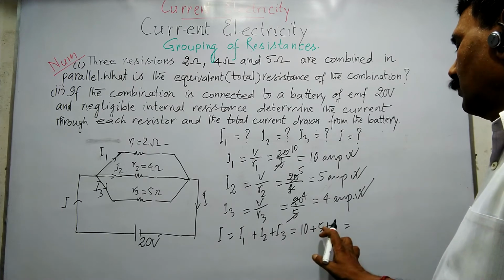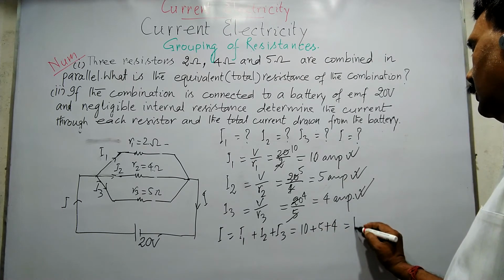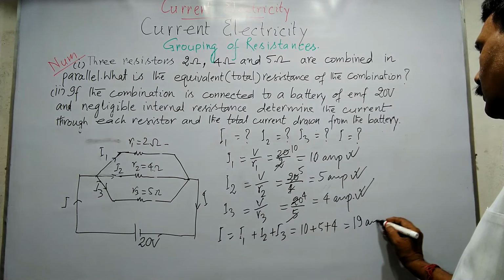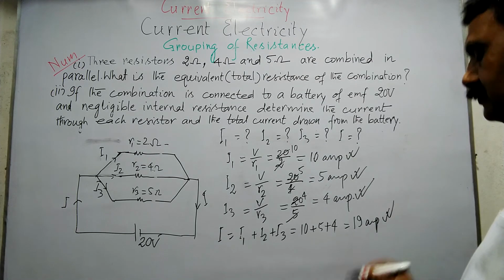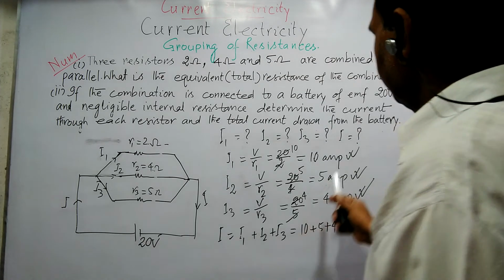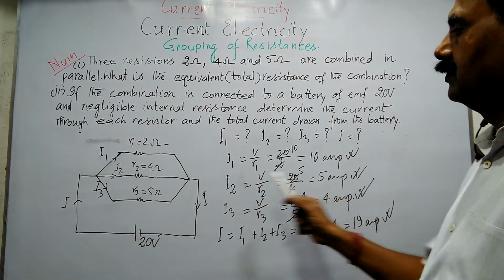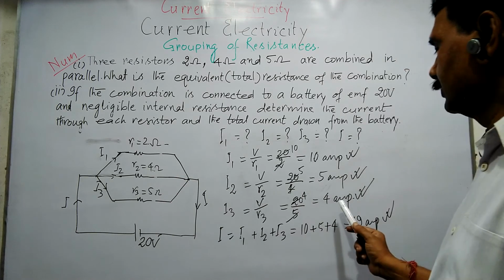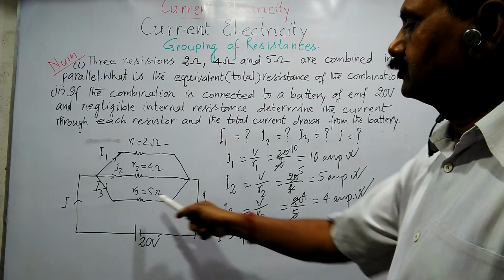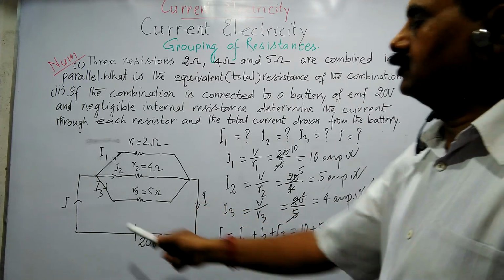That is 10 plus 5 plus 4, that is 19 ampere. This is your final current: 10 ampere through 2 ohm, 5 ampere through 4 ohm resistance, 4 ampere through 5 ohm resistance, and total current is 19 ampere.